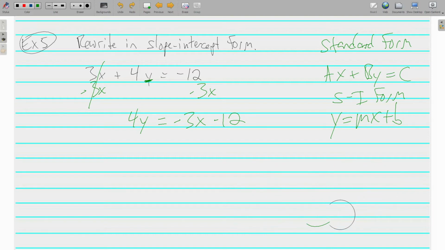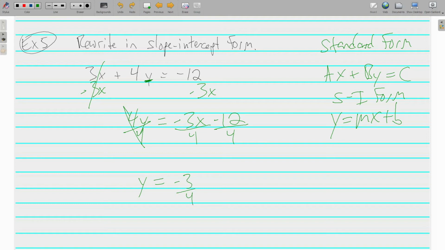Get rid of all that. Back to the pen. We'll keep going. Need to get y by itself, so we're going to divide by 4. When we do that on the left, the 4 goes away, and we're just left with y. Now we have to divide everything by 4. All terms get divided by 4. That means our slope, we're not going to make a decimal.